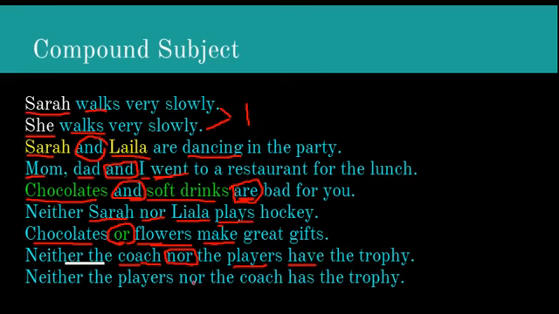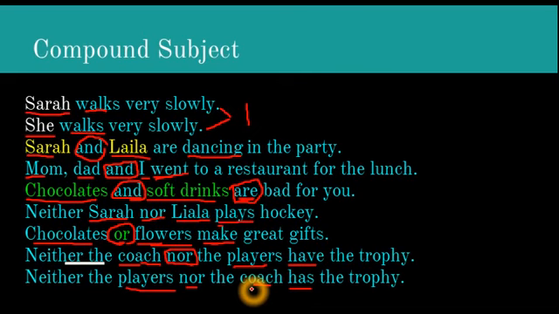But if we write the same sentence in another way, neither the players nor the coach has the trophy. In this sentence, players is a plural subject and coach is a singular subject.